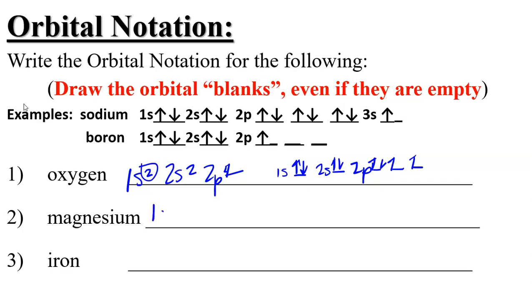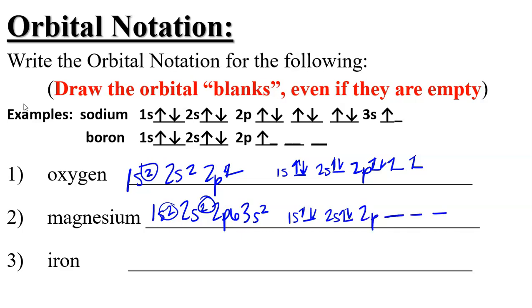Magnesium is going to be 1s2, 2s2, 2p6, 3s2. It's easier if you write out your electron configuration before starting your orbital notation. That way you can follow along with how many electrons you have total. So 1s2, 1, 2, 2s has 2, 1, 2, 2p has 6.